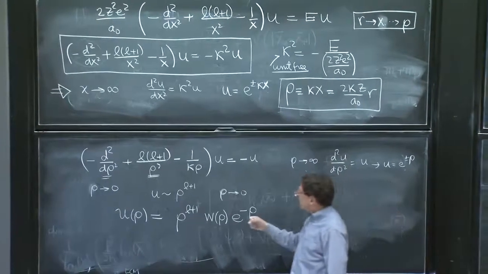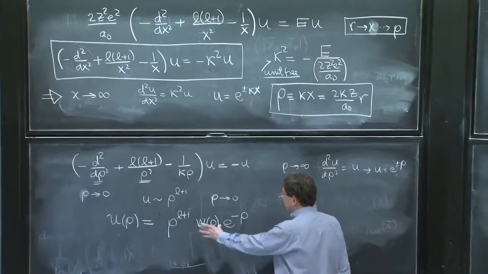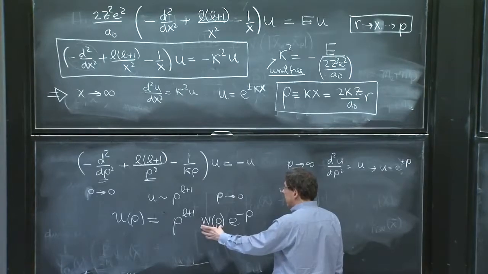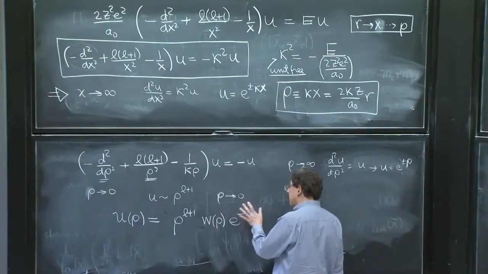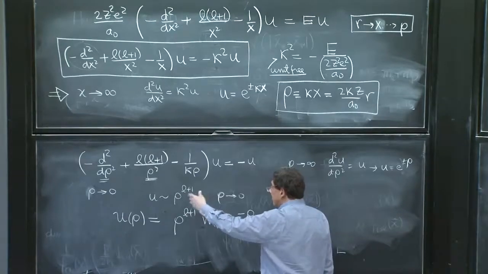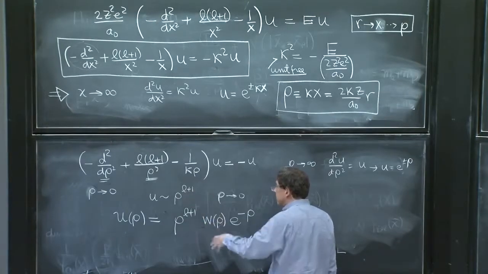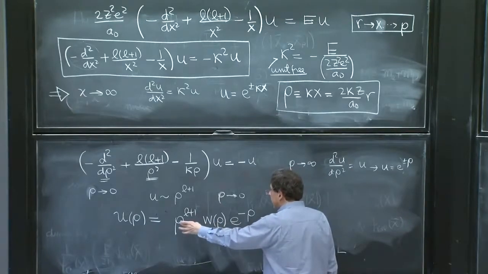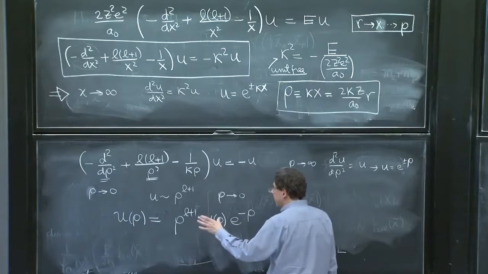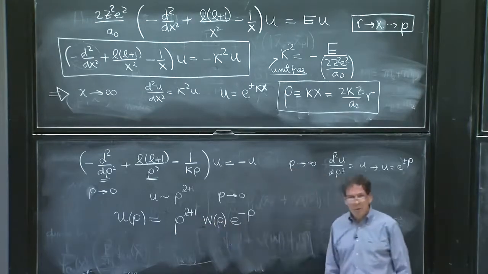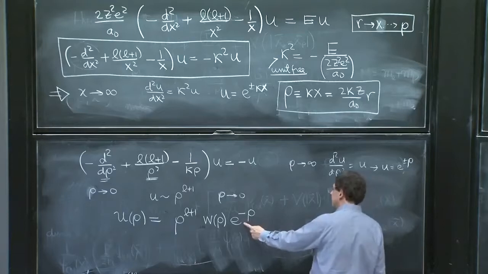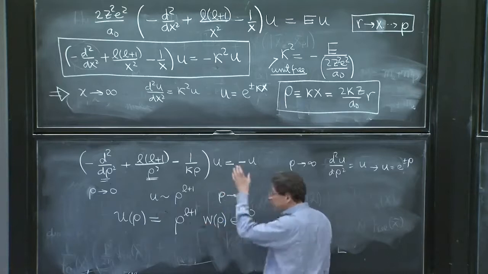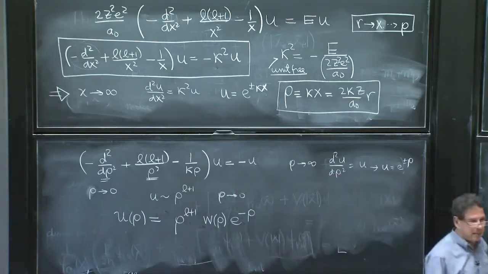You're just expressing your knowledge, because at the end of the day, w is undetermined. This w could have an e to the rho that cancels this factor, and maybe some funny power that cancels this. This is just a hope that we're expressing, that by writing the solution in this form, w may be simple. Because we know this is present in the solution for large rho, and this is present for small rho. Well, in between, we might have that.